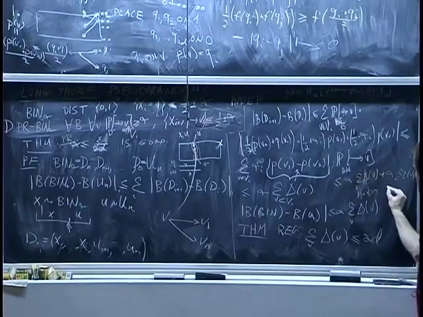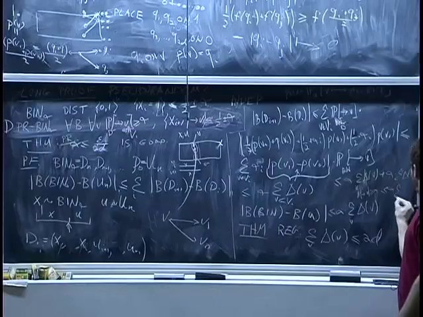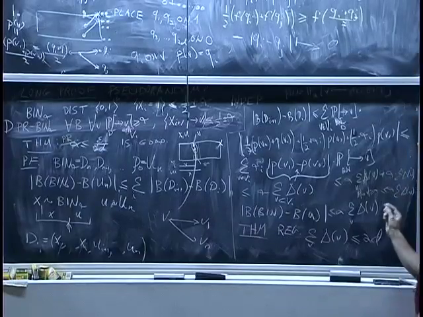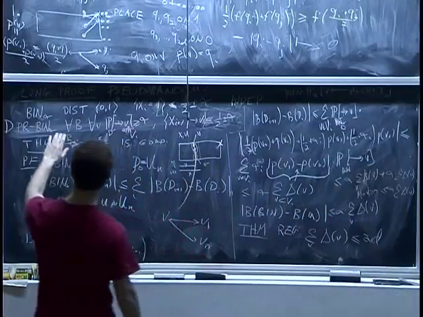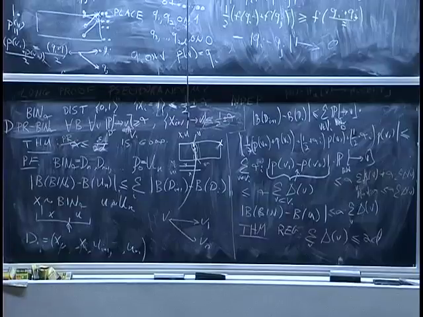This equality holds, and this is at most alpha sum of delta V. So we didn't lose anything by considering such distributions. Just look at the product of alpha V and the probability that you reach V, then that is always at most alpha times the delta.